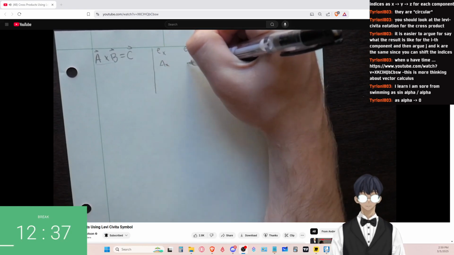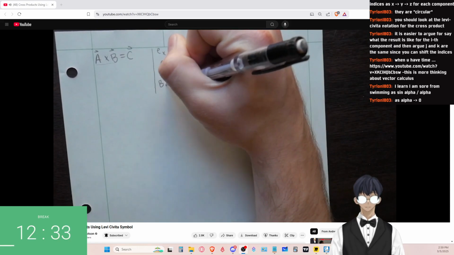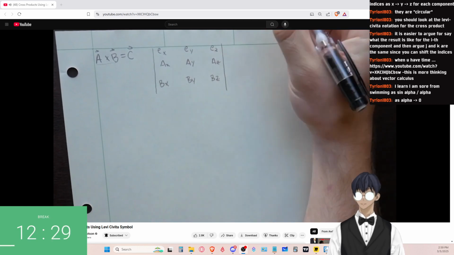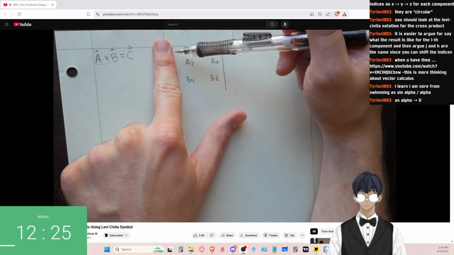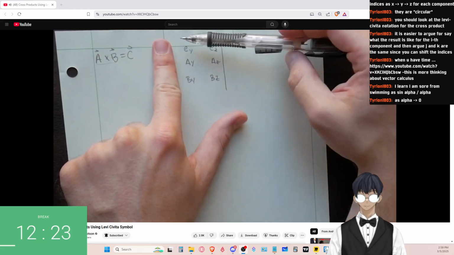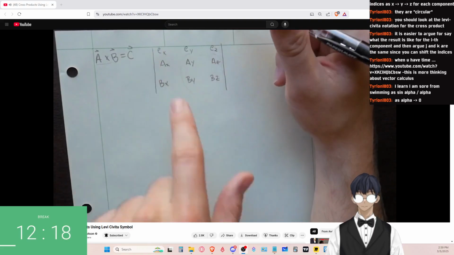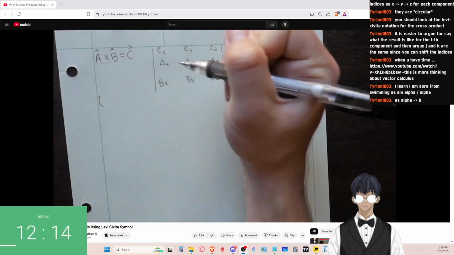So AX, AY, AZ, BX, BY, BZ. Okay. And I was always taught to cover up the column of the basis that I'm working with right now and the row of the basis vectors, and then evaluate the determinant that's left over. So in this case, this would give us AYBZ.